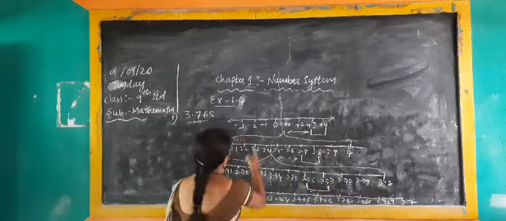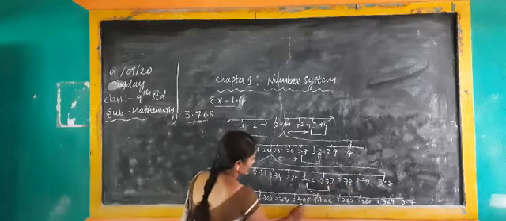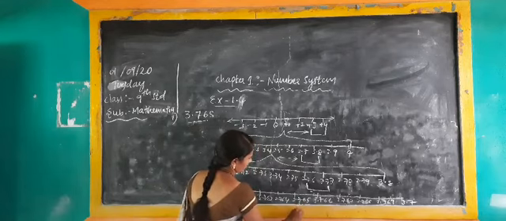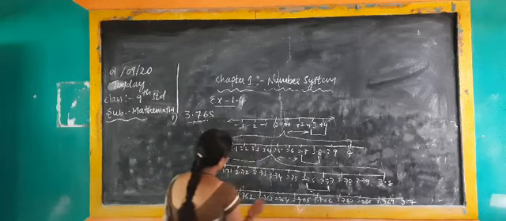Here see where is the 3.765? Here 3.765. Here fix the arrow and mark it 3.765.